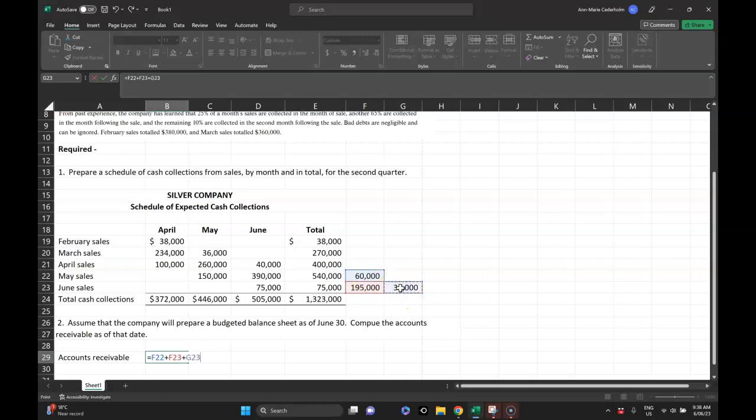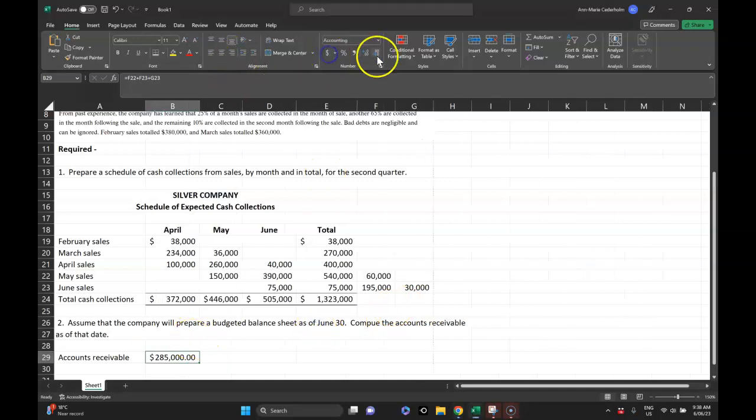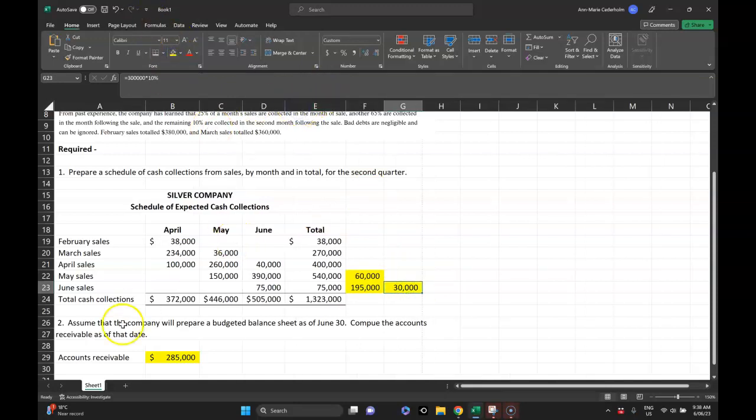So it's the cash that we're collecting after the quarter. So that comes out to 285,000. So just to remind you where I got those numbers from, I'll just highlight those in yellow, and that way you can see it. Perfect.